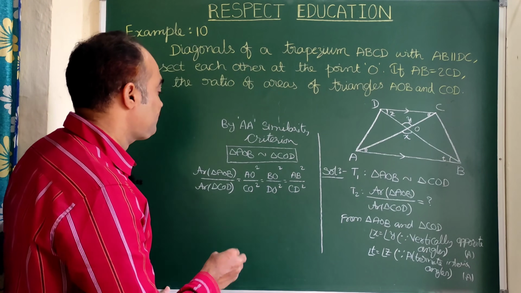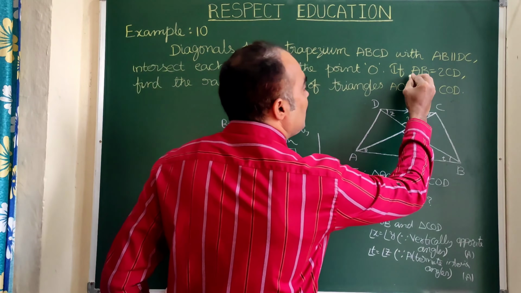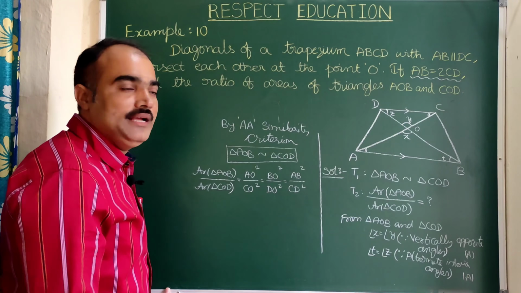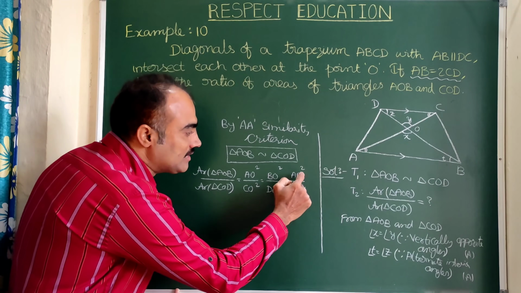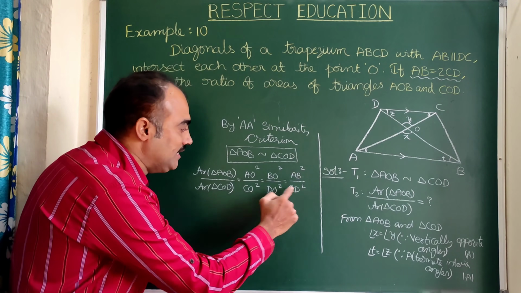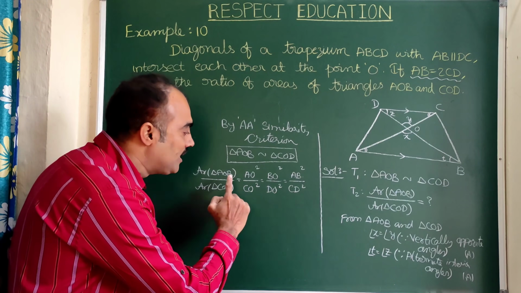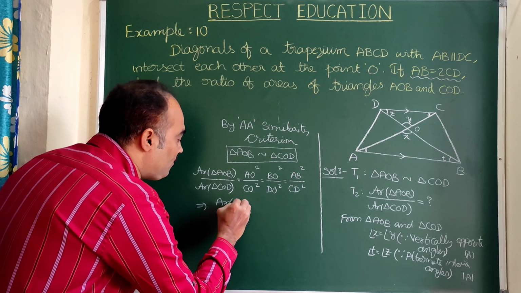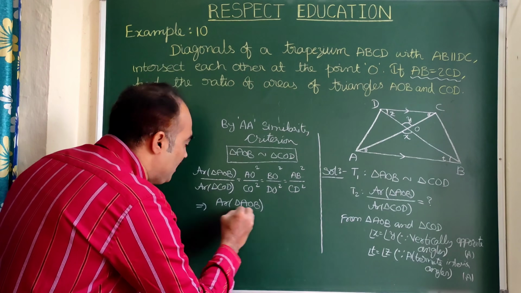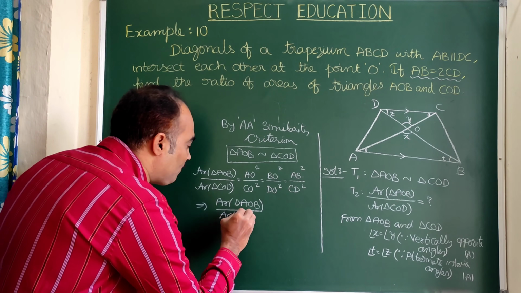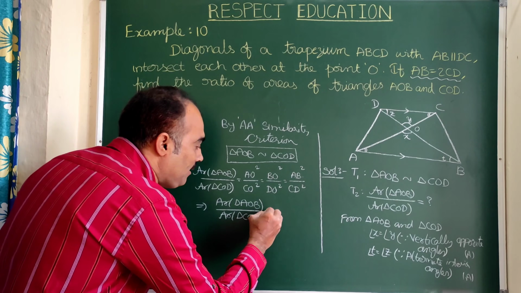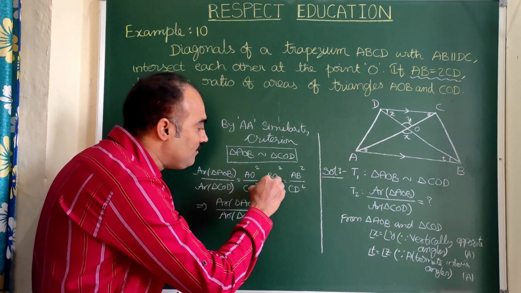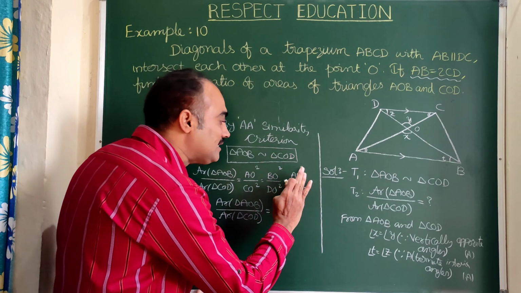Now let us use this condition, AB is equal to 2CD, which so far we haven't used. So in place of AB, we can write 2CD. These other values are not given, we can skip them. So directly we can write, area of triangle AOB by area of triangle COD can be taken as any one of the ratios, whichever is convenient for us.